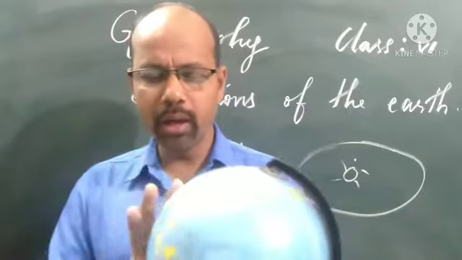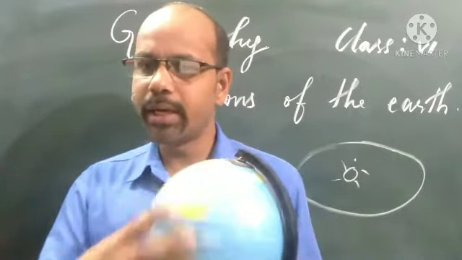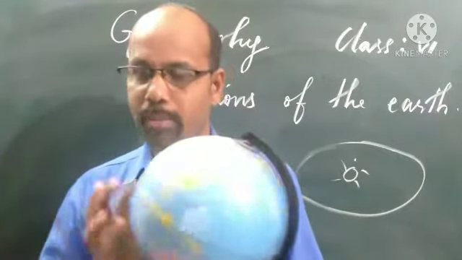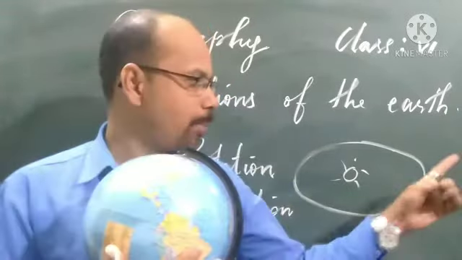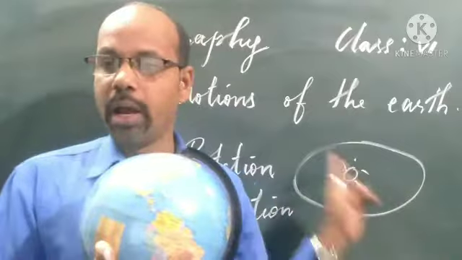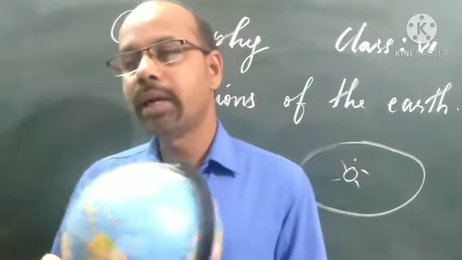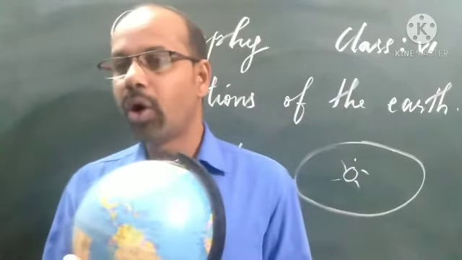For rotation, we already studied it takes 24 hours to complete one full rotation, so that day and night occur. For completion of a revolution around the sun, the earth takes 1 year. We call it 1 year.